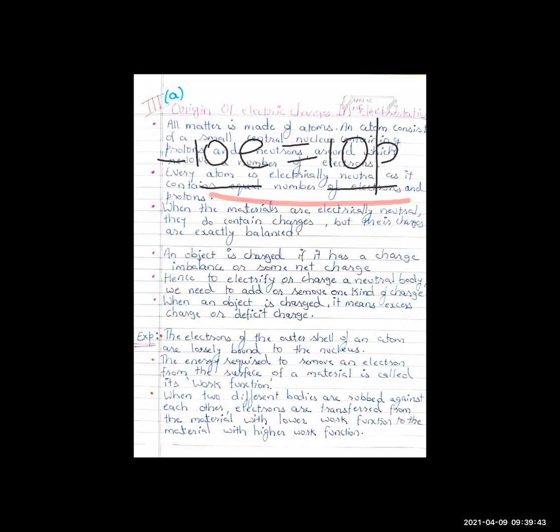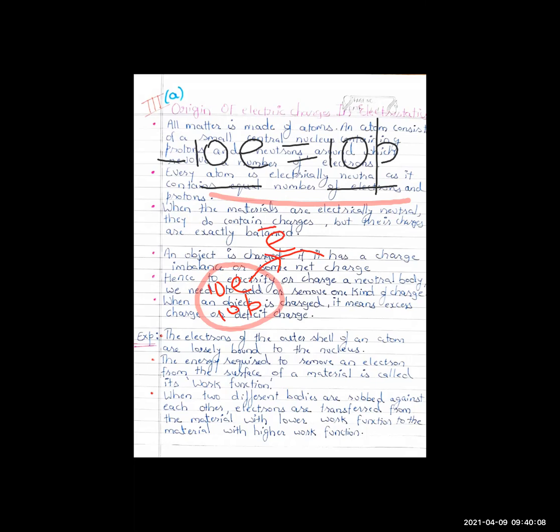So children, if you want to charge a neutral body, suppose this is a body and it consists of 10 electrons and 10 protons, right? And if you want to make it positively charged, what will you do? One electron will move out.